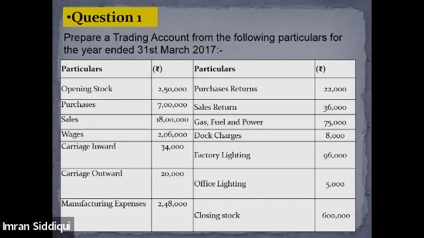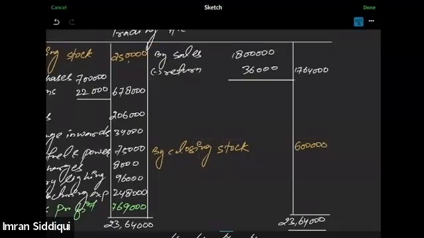Could you repeat what you said last? I said on the credit side, you'll add 17 lakh 64,000 plus 6 lakh. Totaling this, we will get 23 lakh 64,000. All right.